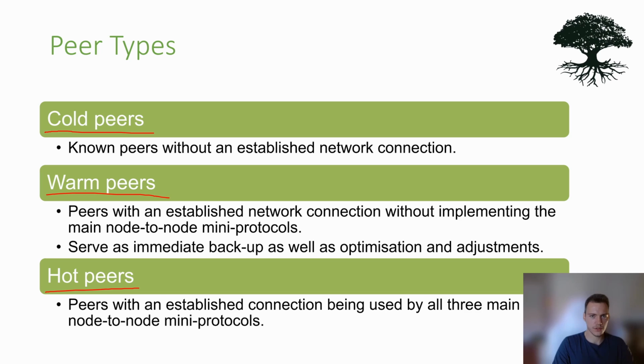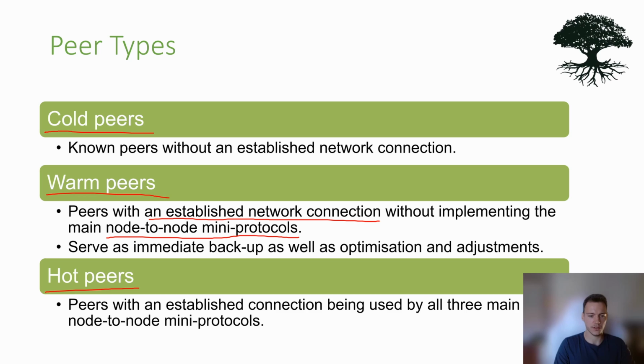Warm peers are sort of an upgrade to that knowing that the node exists, where there is actually an established network connection to that known node. But it doesn't run the main node-to-node mini protocols. So it's not actively syncing the chain from that node, it's not submitting transactions to that node, it's just simply connected to it.